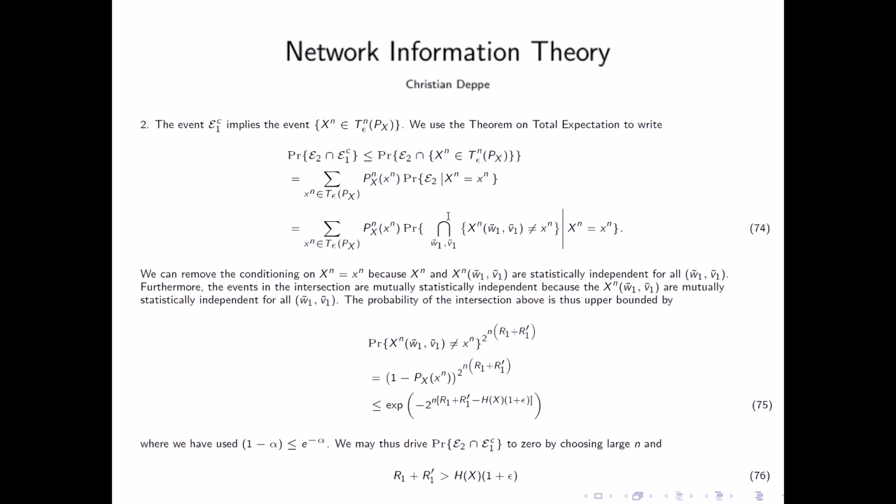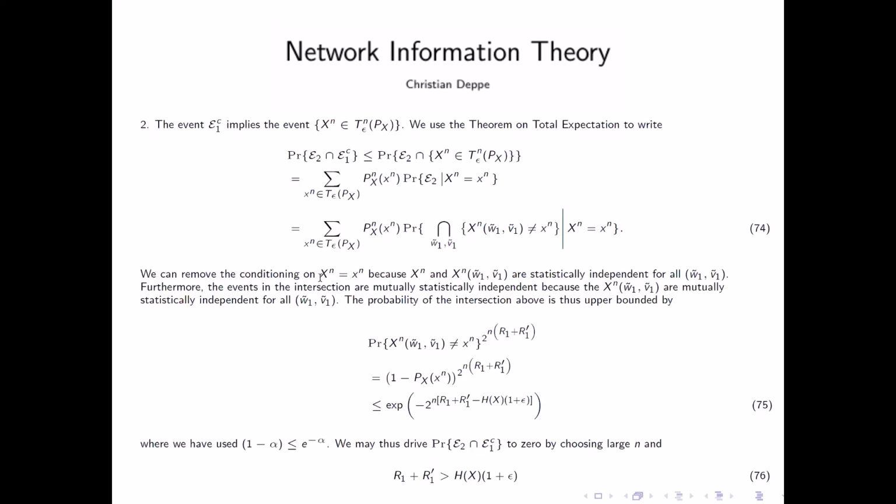If you look at this, we can write this probability as a big intersection over W1 tilde and V1 tilde that xn of W1 tilde and V1 tilde is not equal to xn, because we assume that encoder 1 does not find a W1 tilde and a V1 tilde such that the entry in the codebook is equal to xn, under the condition that Xn is equal to xn.